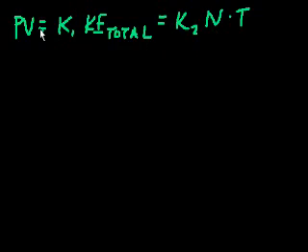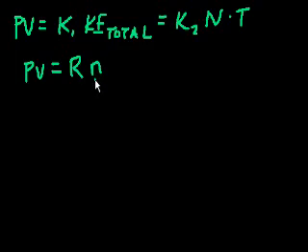So in general, pressure times volume is proportional to this, and we'll use R, because you'll see where that's coming from in a second. It's equal to some constant times the number of molecules, n.